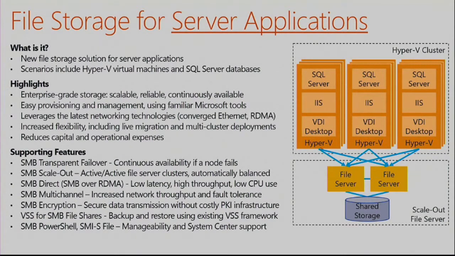That plays really well with the notion of having file-based storage using the SMB protocol. Now, the SMB protocol, specifically for server applications, it is something that took some work. Because if you remember how things were just a few years back, so think Windows Server 2008 R2, we had the version 2.1 of the SMB protocol, and we had some real trouble hosting these server applications.